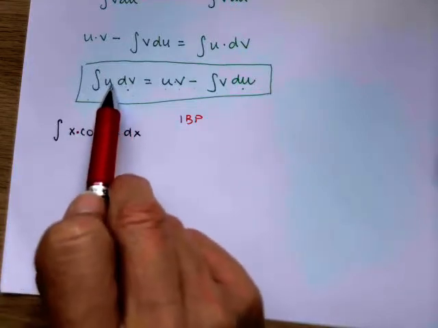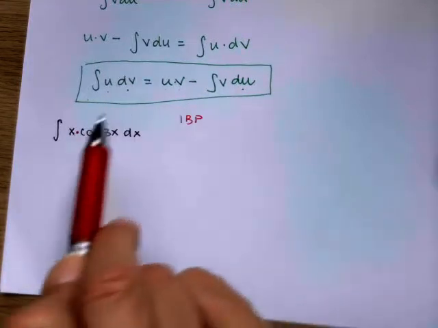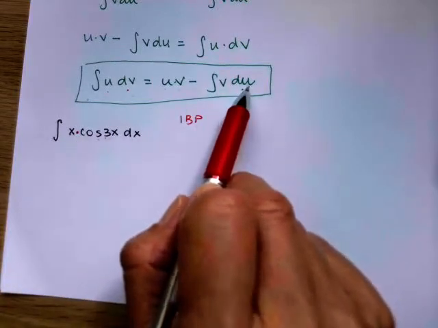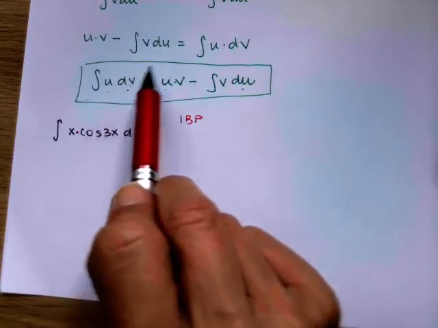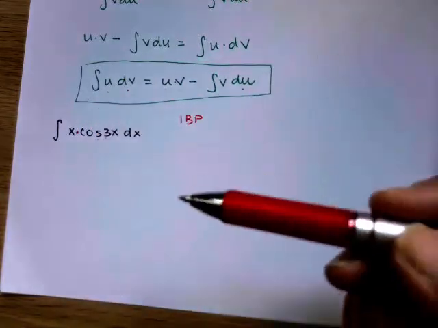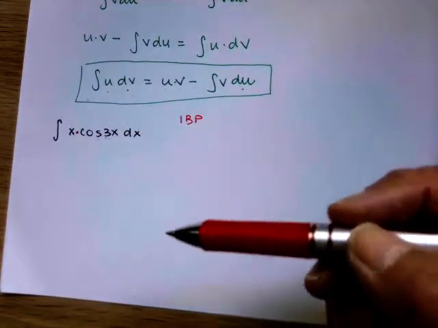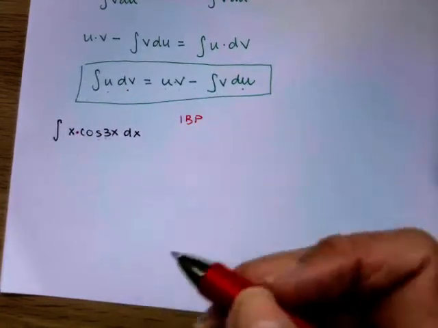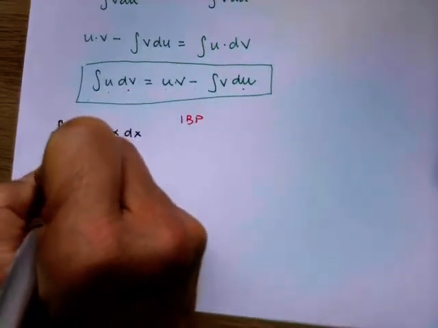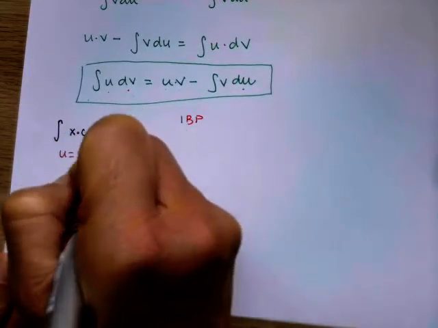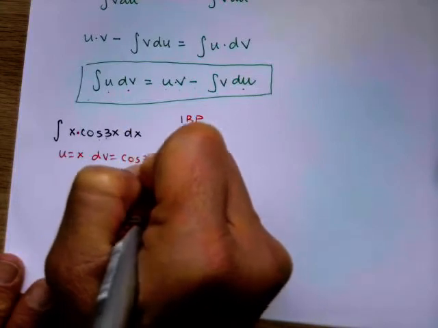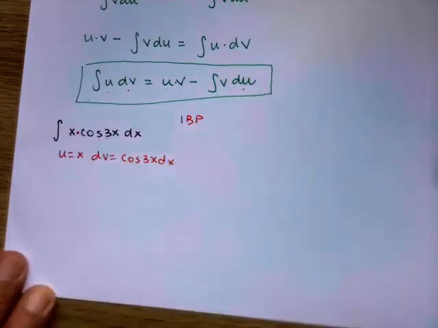Because as I go to find my other parts, I'm going to take the derivative of whatever you choose u to be. And if it's a polynomial, when I take its derivative, it's going to lose a power, so it's going to start knocking down so that hopefully I can get rid of it. So for this one, you would let u equal x, and then dv equals the cosine of 3x dx.